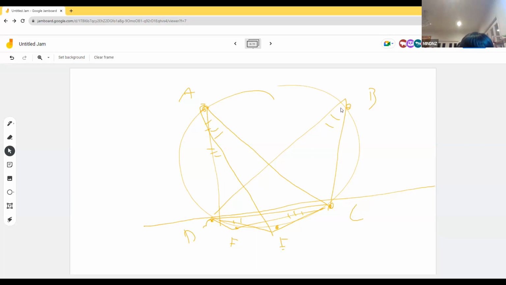Another way is we consider the center O. And then we have DOC is equal to 2 DAC. Right, this DOC. So then the other DOC is equal to 360 minus 2 DAC. And that's equal to 2 DEC. Right, we just use the inscribed angle theorem.